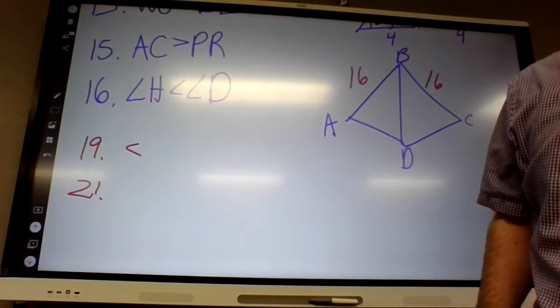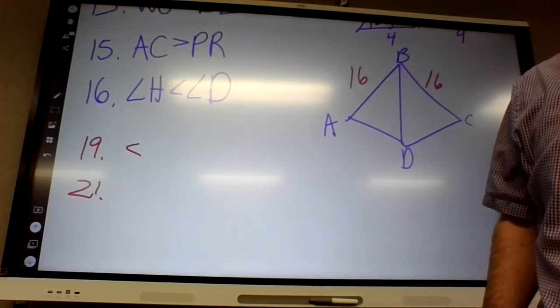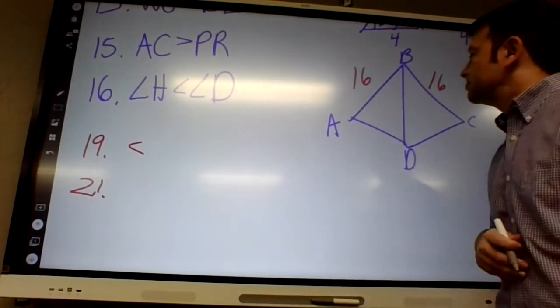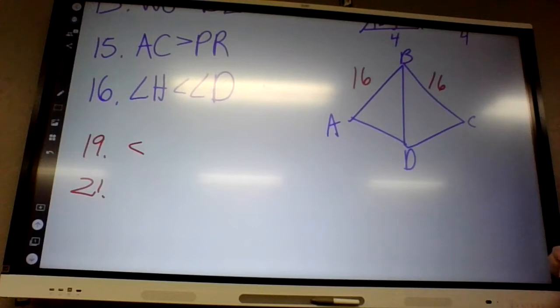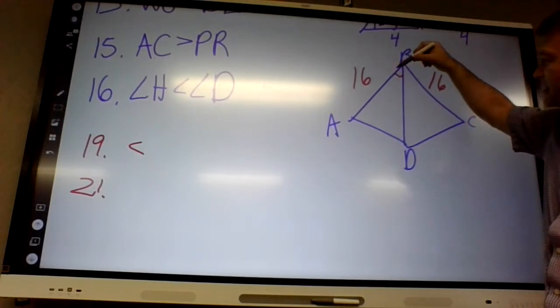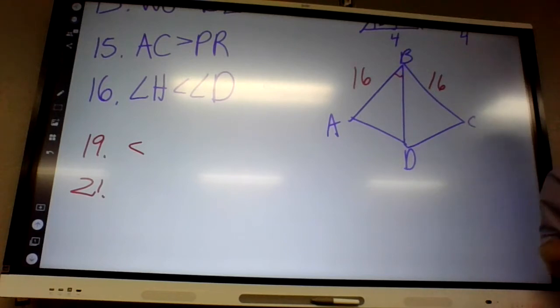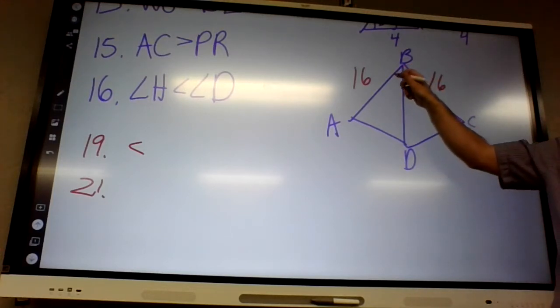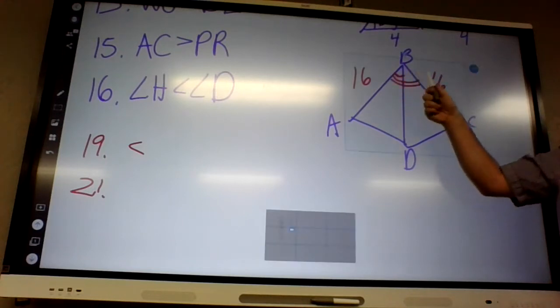And ABD is half of angle ABC. So, what does that tell us? If ABD is half of ABC, what does that mean? If angle ABD is half of this angle, then what do we know about this angle?